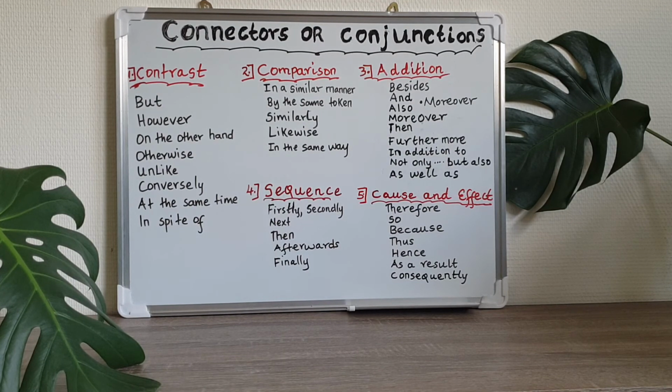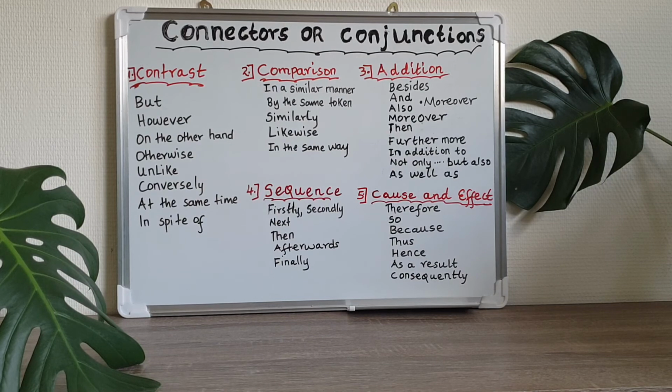That is just an example that I've given. So when you want to link your ideas together by giving them a kind of chronological order, then you need to use connectors of sequence. Okay?